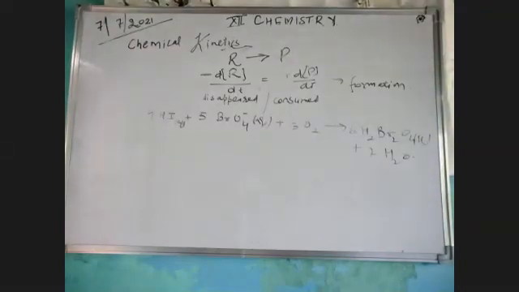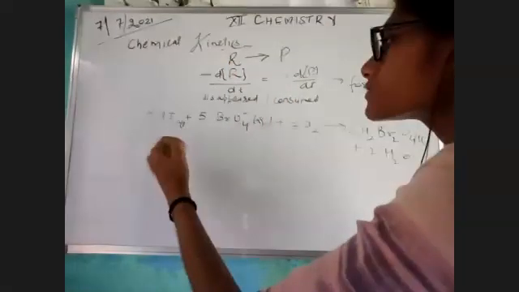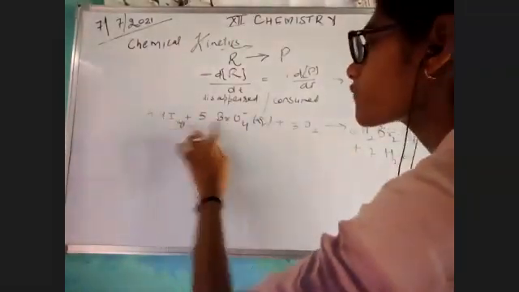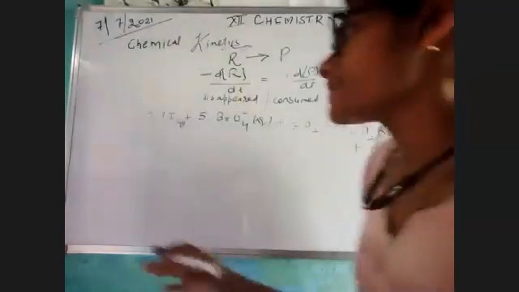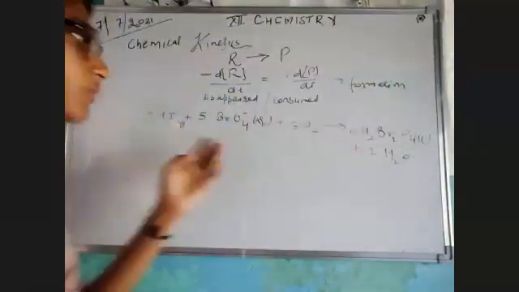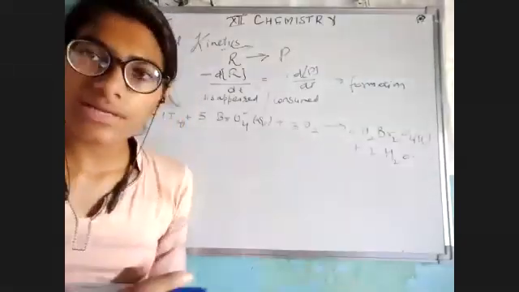The point I want to make is that we know the reactant is getting consumed, but this also has a relation with the stoichiometric coefficient. We know that HI is present in 4 moles, bromate in 5 moles, and oxygen in 3 moles.